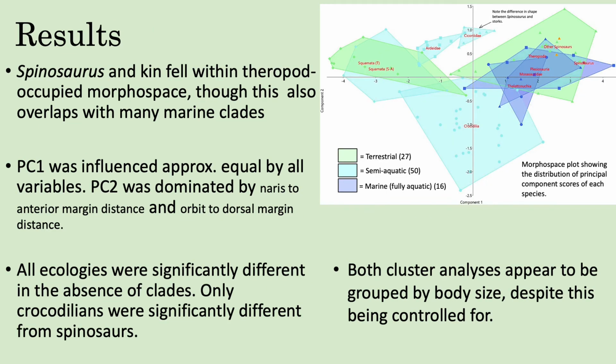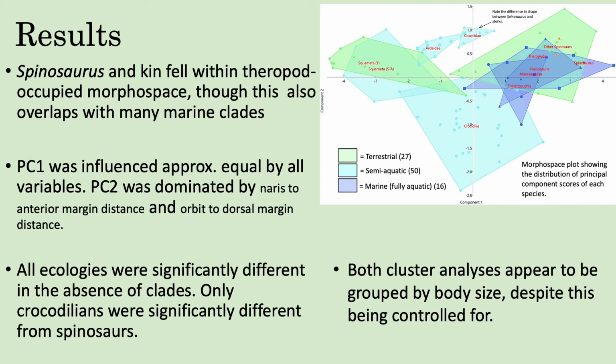Looking at this figure, we can see that Spinosaurus, represented by this red dot on the right hand side, fell within the larger green theropod area, with other Spinosaurs in orange. You'll also note the large amount of overlap between the theropods and the marine clades, as well as the difference between Spinosaurus and storks.